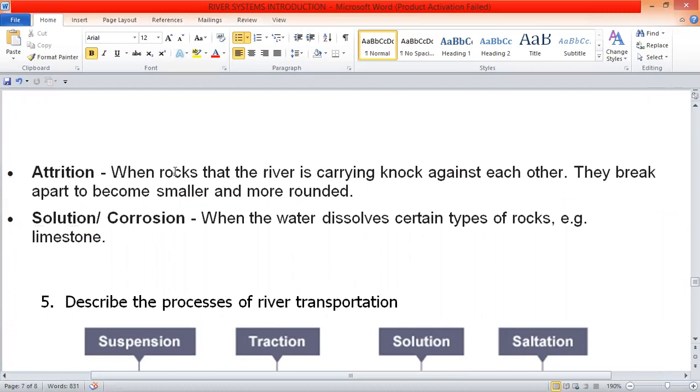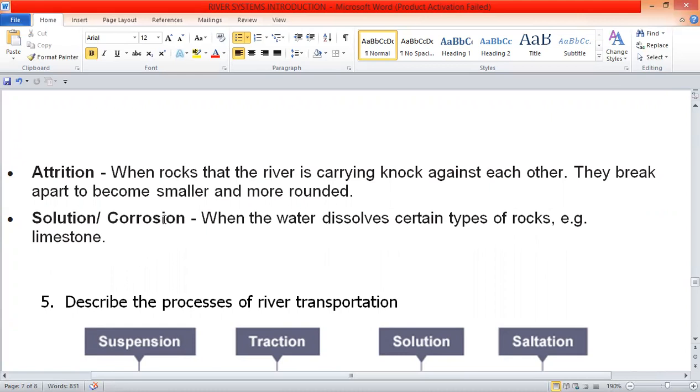Then there is attrition. The rocks that the river is carrying knock against each other. They hit against each other. As they do, they break apart and become smaller and rounded in size as well. And the last process through which the river load is eroded is solution, which is also known as corrosion.